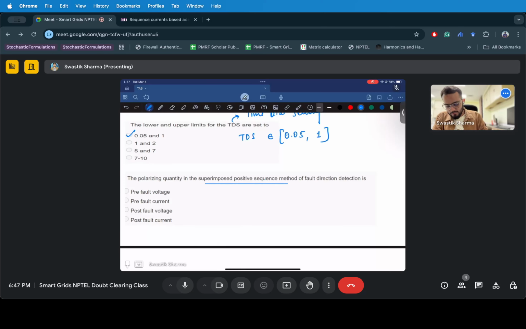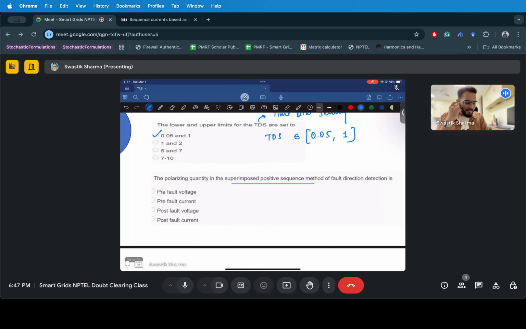Was it pre-fault voltage? No. Was it pre-fault current? Yes. So you were measuring how your system or the fault current was changing with respect to the pre-fault conditions.